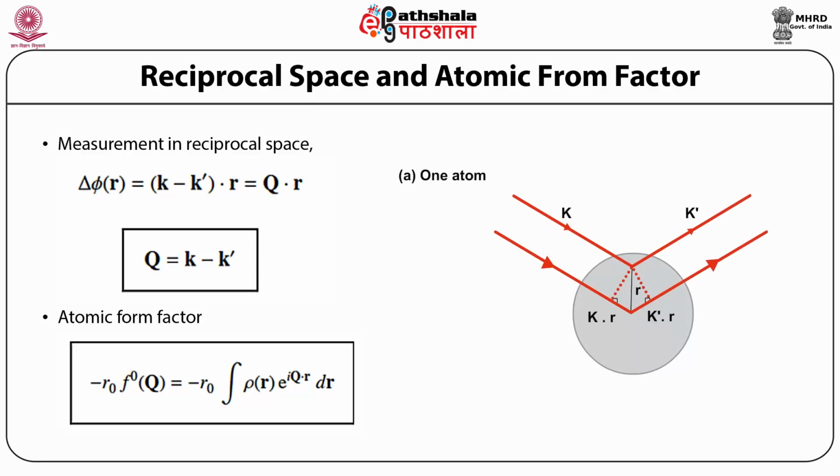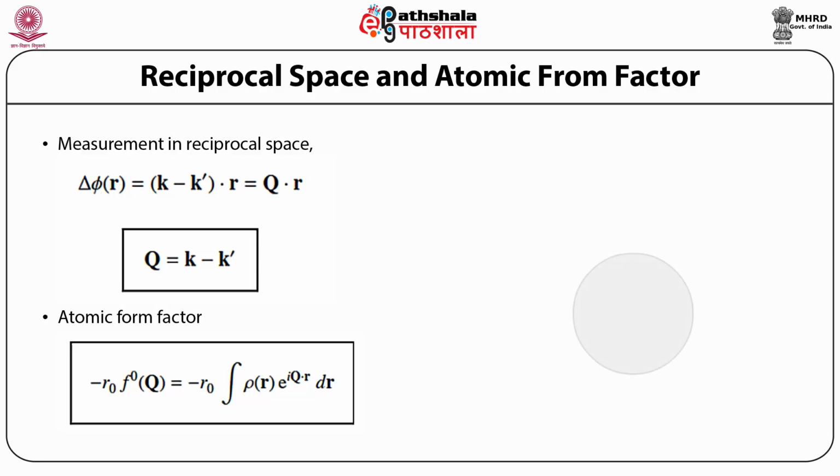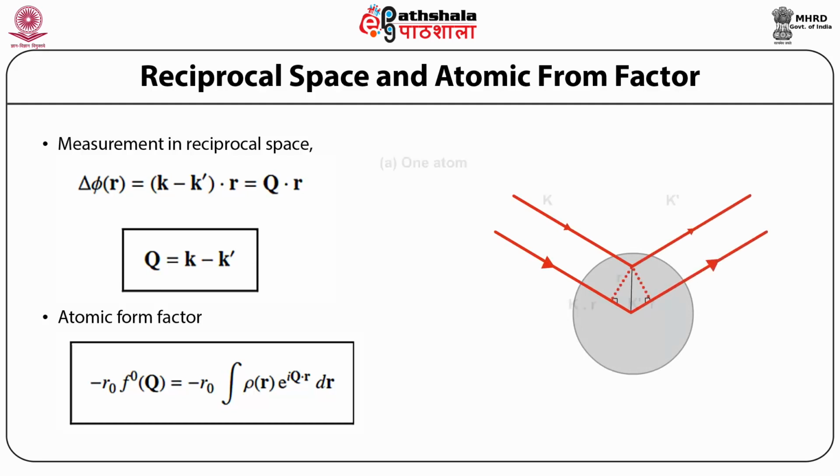So f naught of Q means we are talking about reciprocal space. Q is the wave vector transfer, as you can see in this equation, K minus K dash. Basically this atomic form factor depends on which type of atom you are using.